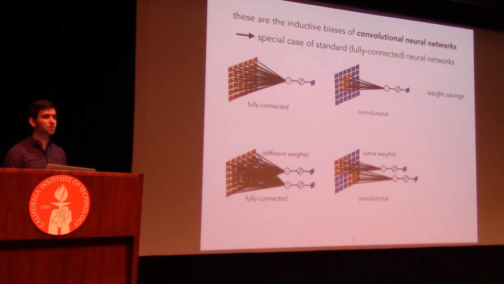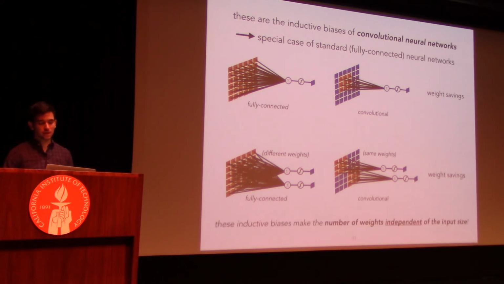Well, then we would end up with this convolutional type of architecture. So you see again that the convolutional network is just a special case of the fully connected network where we've made some very specific assumptions about weight sharing and about locality. So we're getting massive weight savings here.